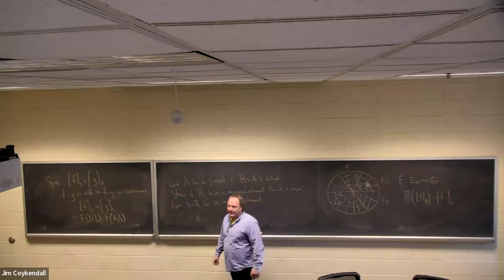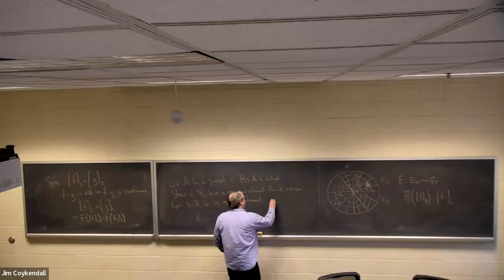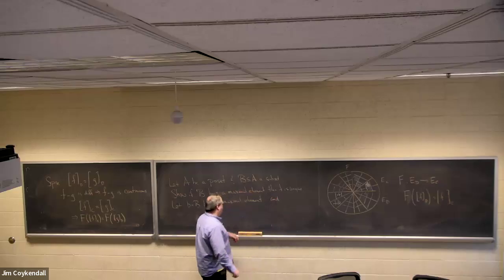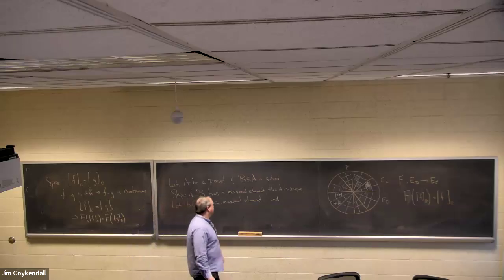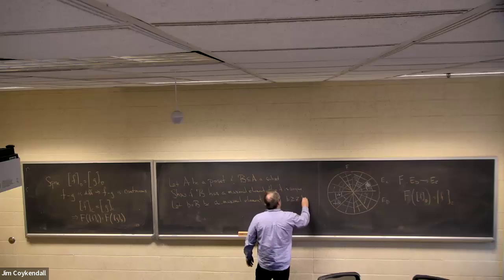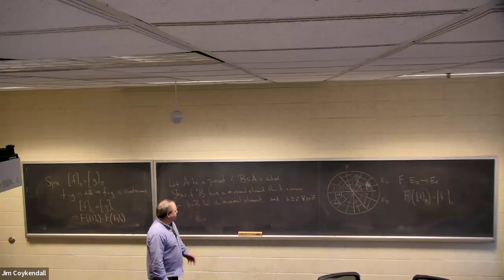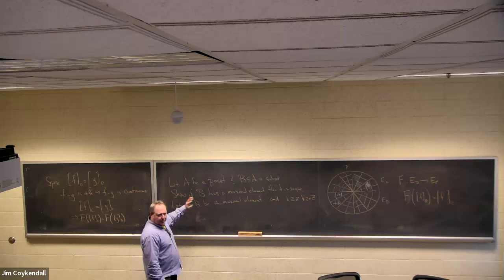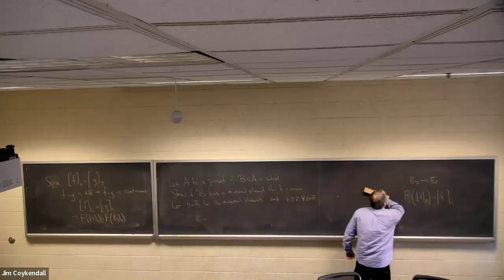A supremum only needs to be in A, but B has a maximum, and it has to be in B. B is in there and it's bigger than everything else. So suppose X is another maximum element.